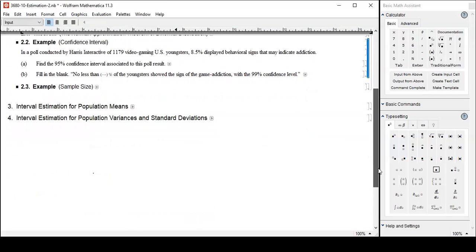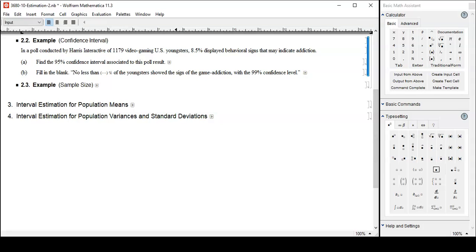All right. Let's apply this to an example problem. Here we go. In a poll conducted by Harris Interactive of 1,179 video gaming US youngsters, 8.5% displayed behavioral signs that may indicate addiction. Find 95% confidence interval. Okay, all right.